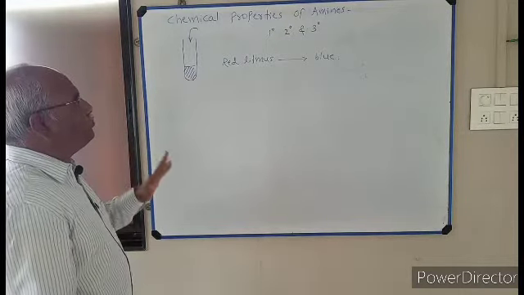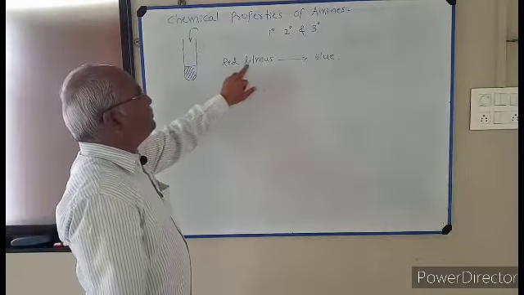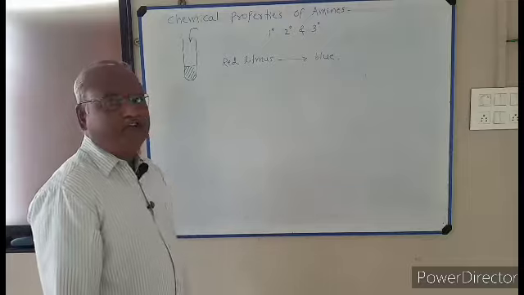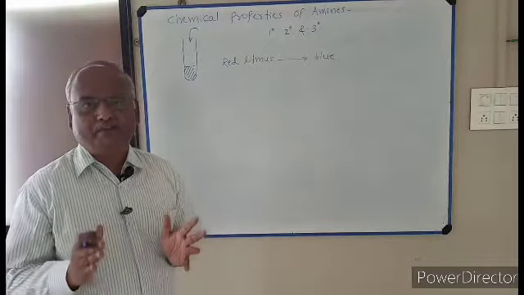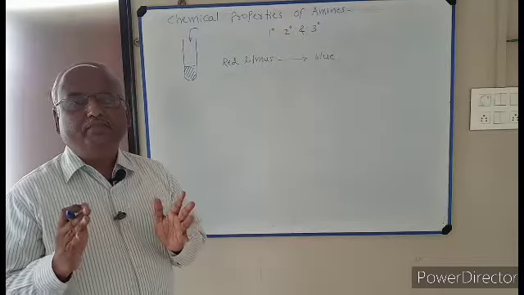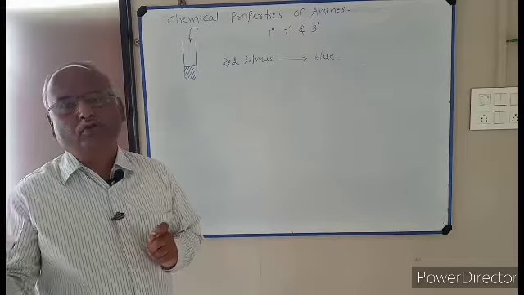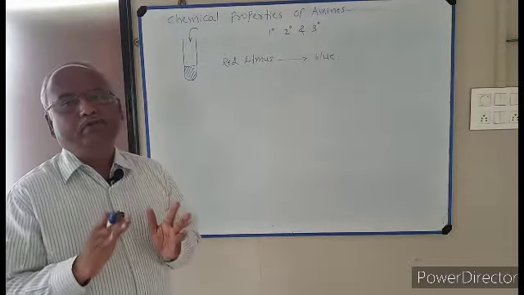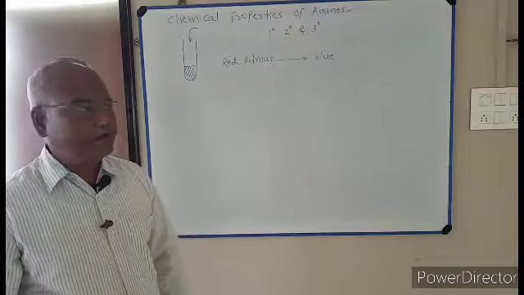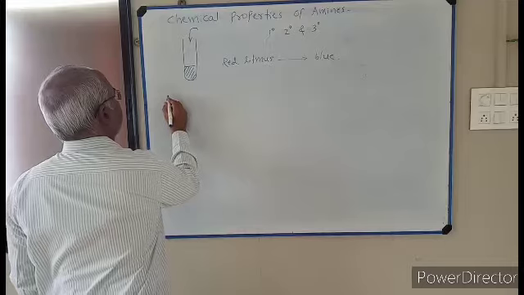Amines which are soluble in water change red litmus to blue. This indicates basic nature of amines. So you know that in basic solution red litmus changes to blue, and in acidic solution blue litmus changes to red.